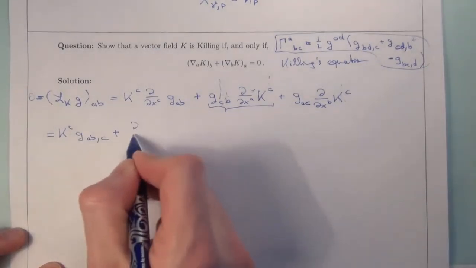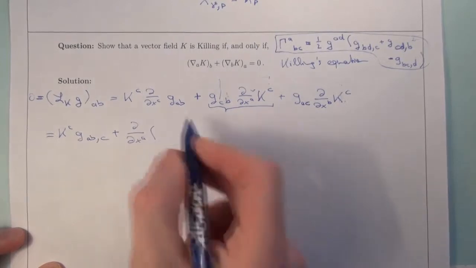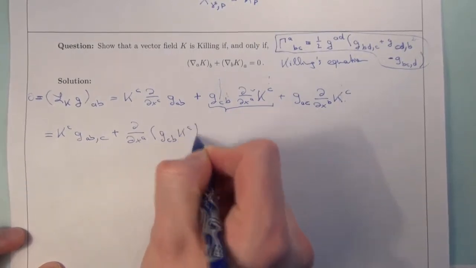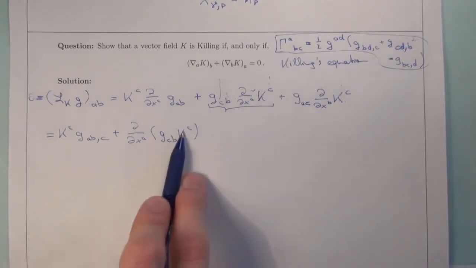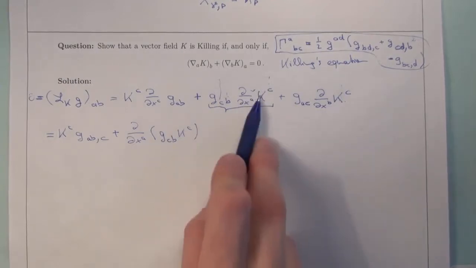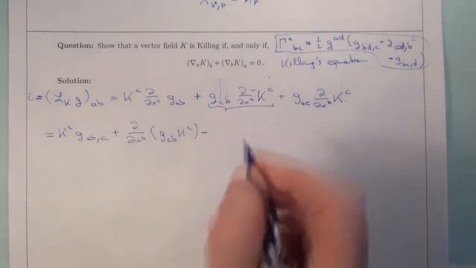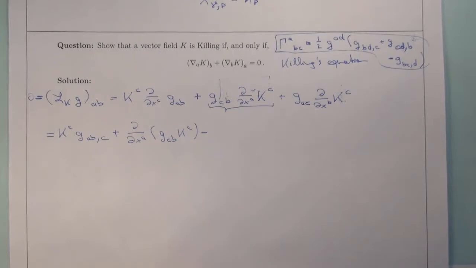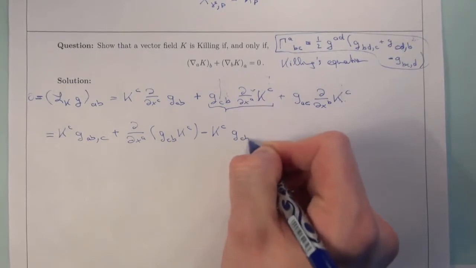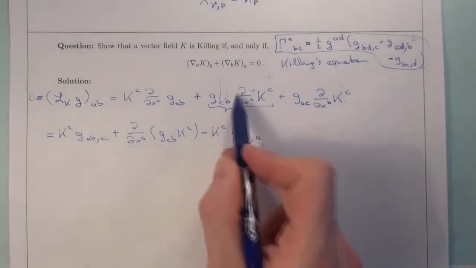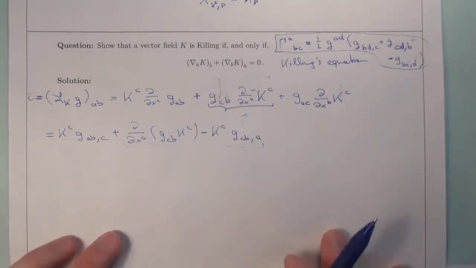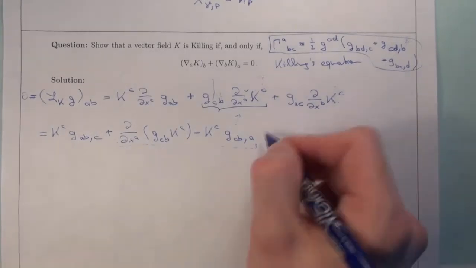And now I make the mistake by writing d/dx^A on g_CB K^C. So here I would have to evaluate this by the product rule, but here only one of the two summands appears. That means we need to subtract the other one, and the other one is just the K^C untouched, and here we have g_CB,A. So this here is the same as this expression, just inverse application of the product rule.